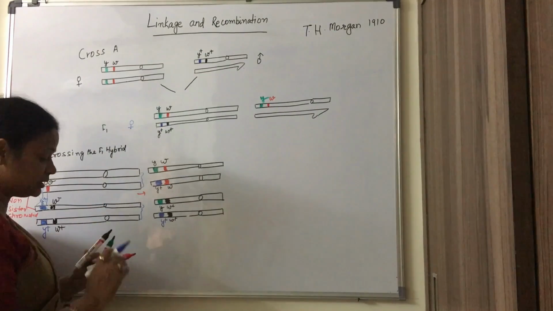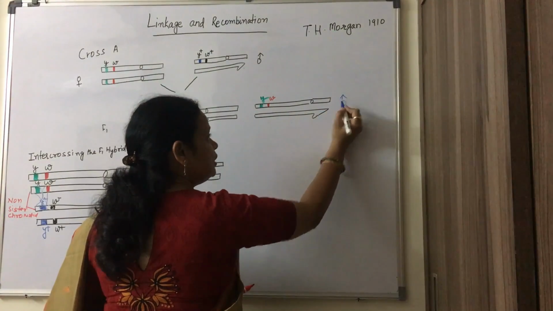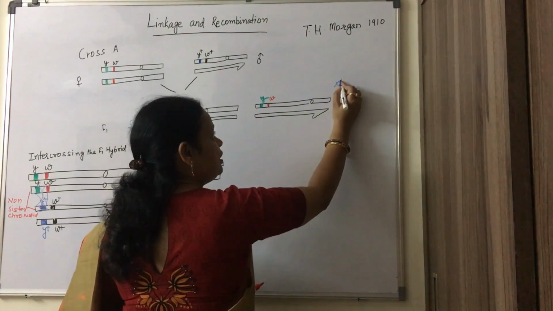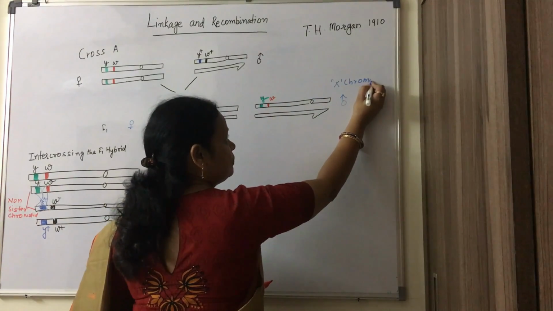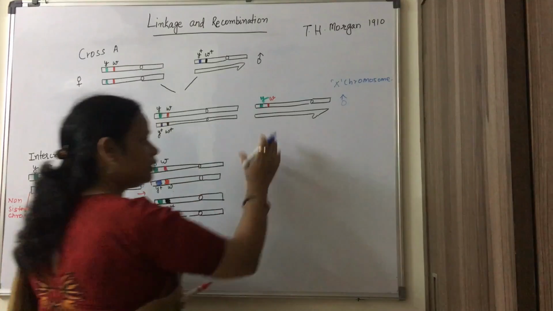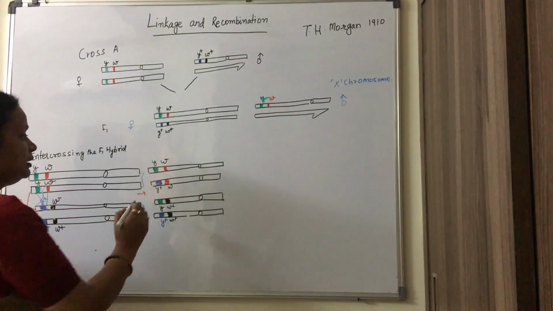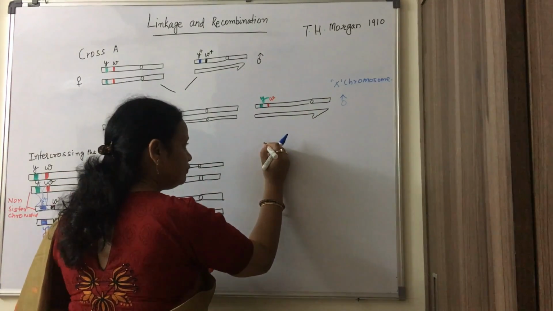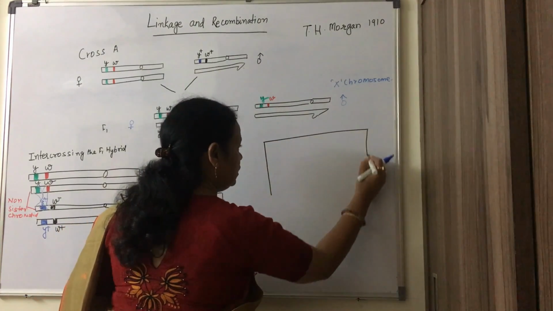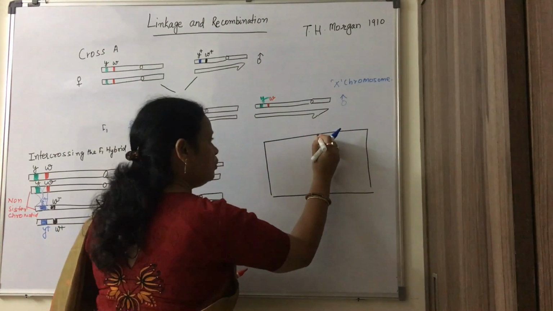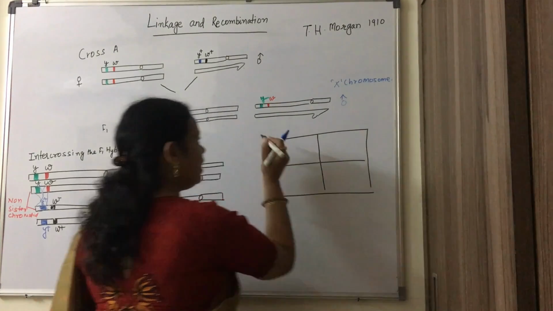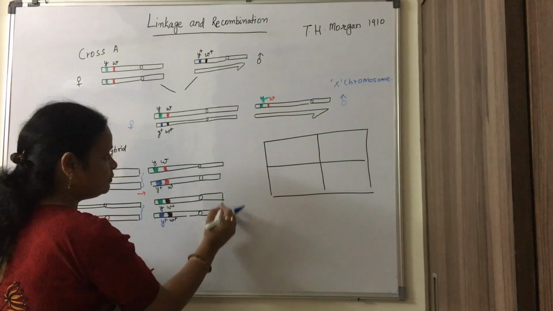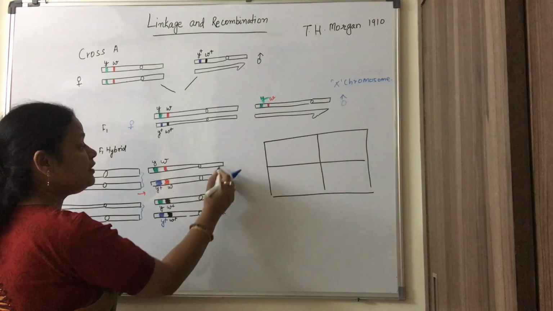Now, because this is male, there is no crossing over, as the genes we are discussing are located on the X chromosome. So this is the final situation before we go across for F2. For F2, we have to take this chromosome and cross it with all four chromatids of the female.